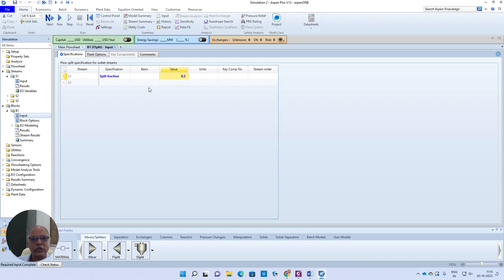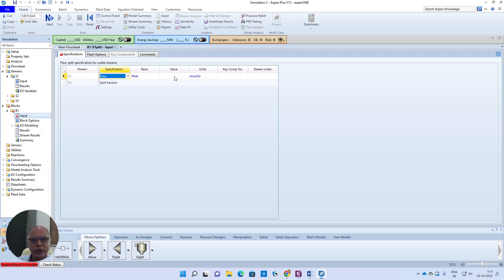In fact, you can also change this basis to flow and decide, out of the 100 moles that is entering. It may sometimes be necessary to maintain a minimum amount of flow in case S1 is changing due to some other operations in the process. You can also specify it this way.